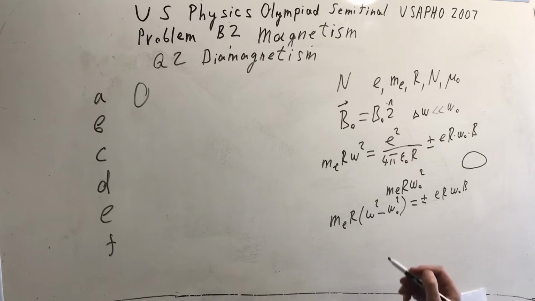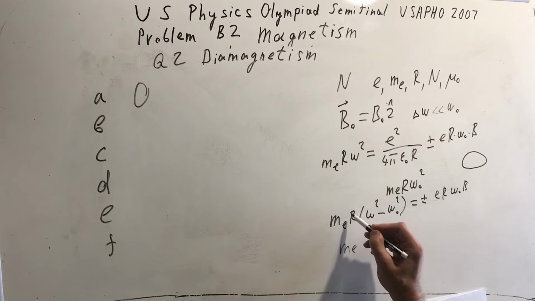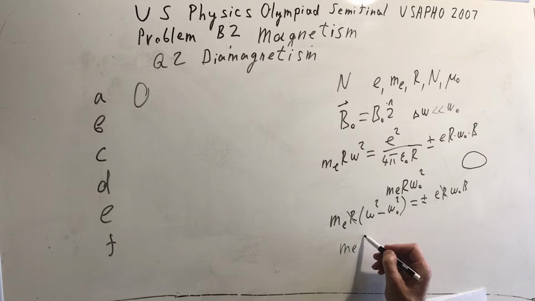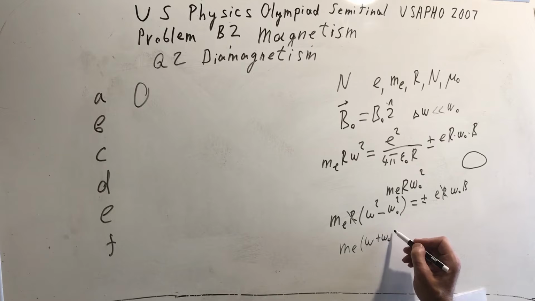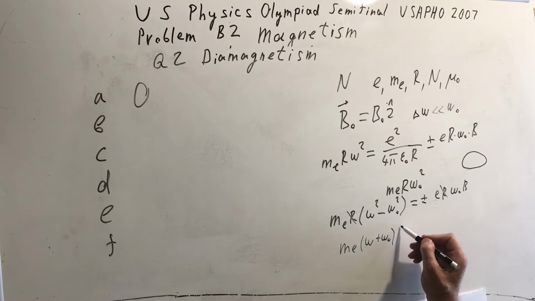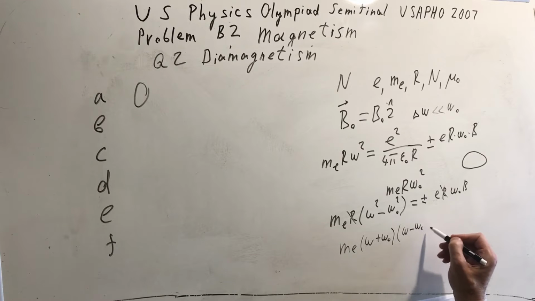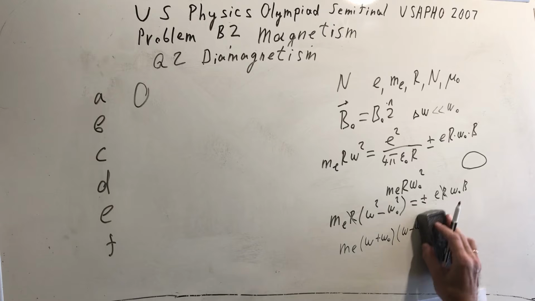Now we have mass of electron, R is cancelled, and we have omega plus omega 0, and here we have omega minus omega 0, which is delta omega.